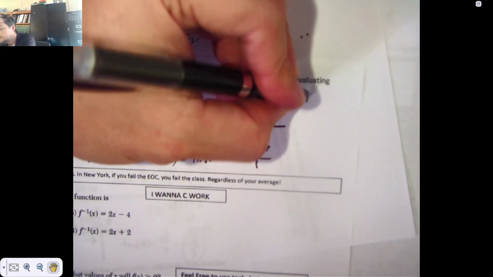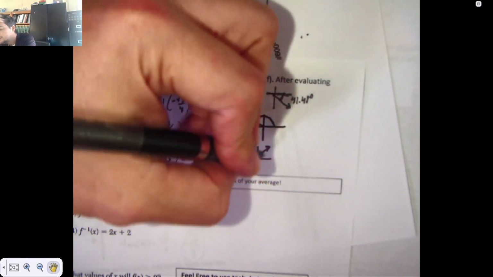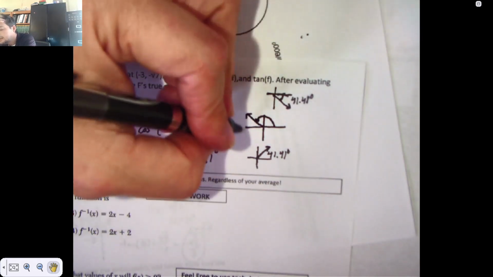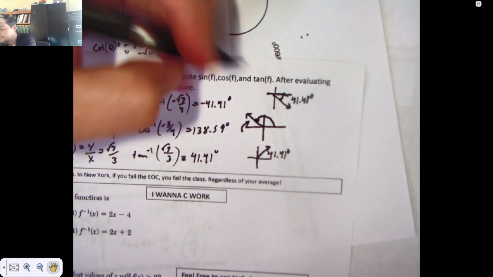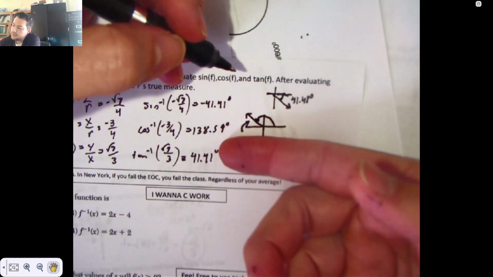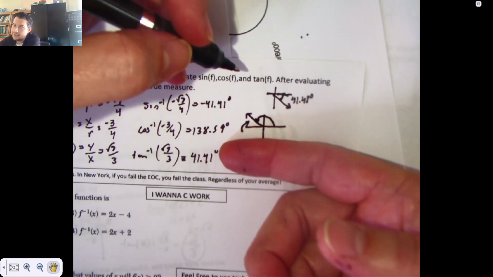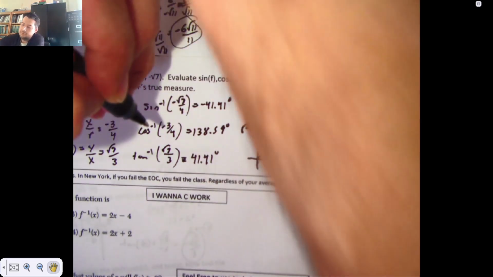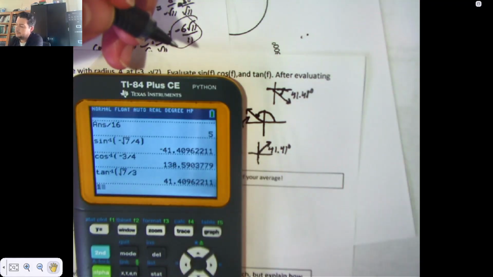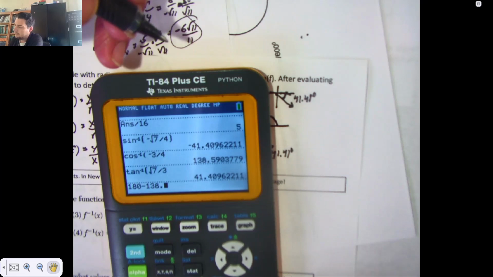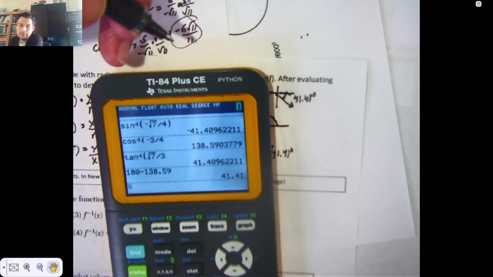This is 41.41 degrees of negative rotation. This is 41.41 degrees of positive rotation. And this little guy right here, if you take away the 138.59 from 180, and I'll prove it to you, you get 41.41 degrees.